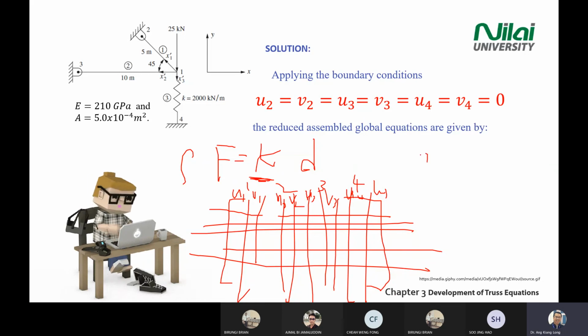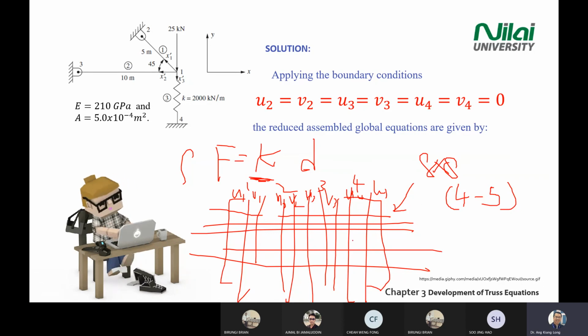Same with this one. So you have an 8 times 8 matrix. It is quite a big matrix. This matrix alone will cost you 4 to 5 marks if you manage to find the K matrix and park the number correctly.